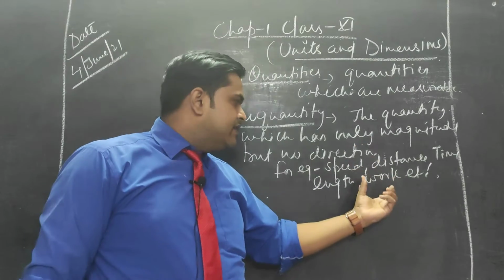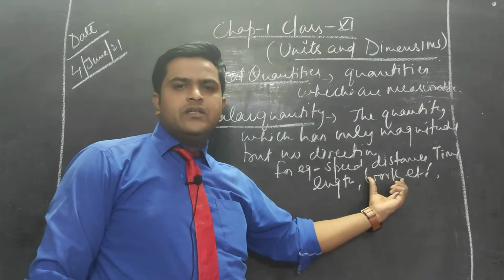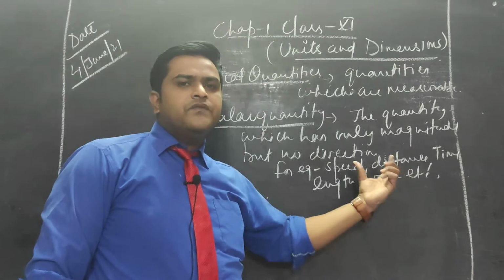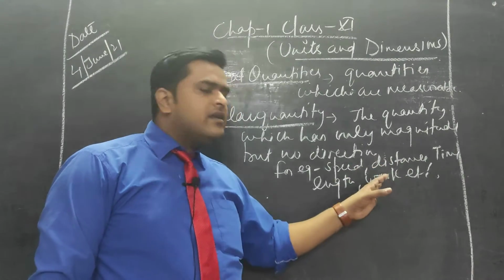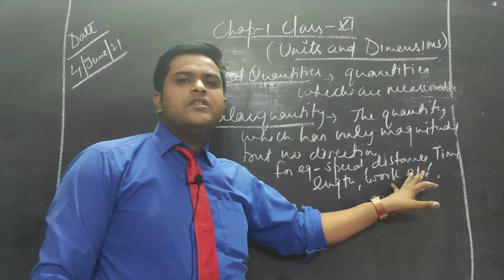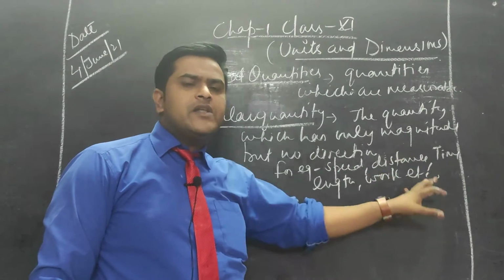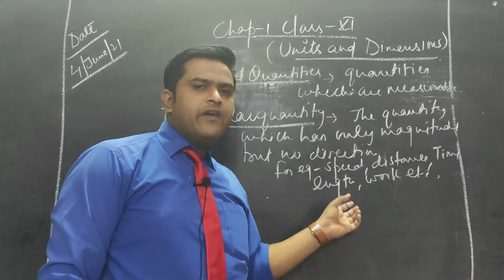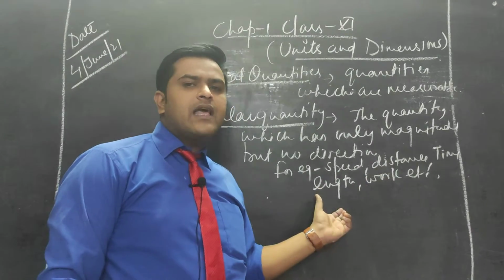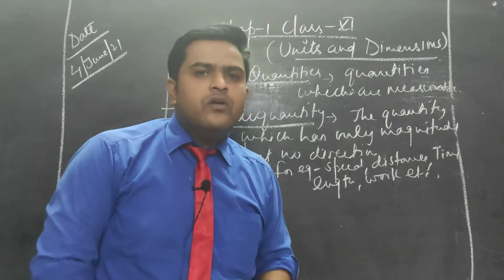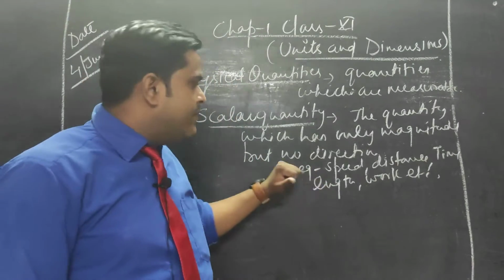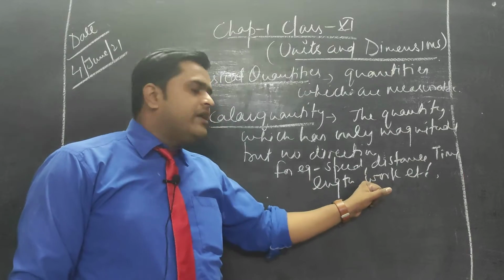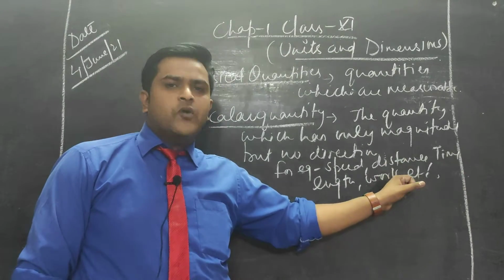In some cases, most of the students get confused in case of work. Work is a scalar quantity, but most of the students say, sir, work is equal to force into displacement, and force and displacement are both vector quantities. So how can it be a scalar? You will study one method in class 11th maths: dot product and cross product.